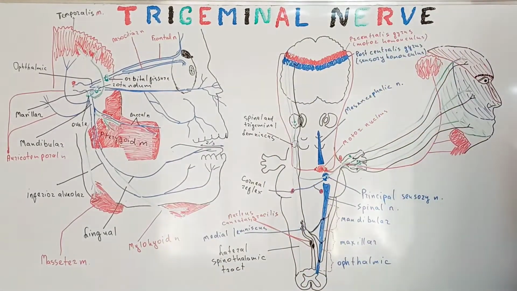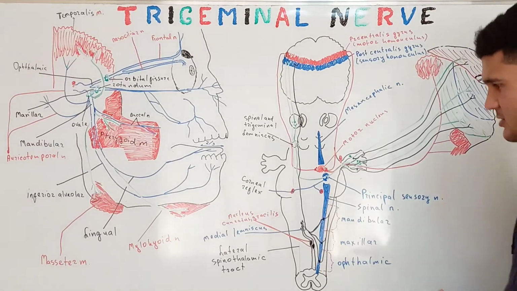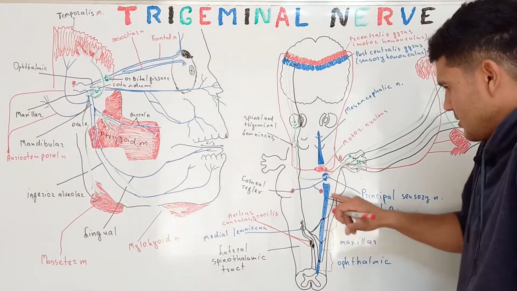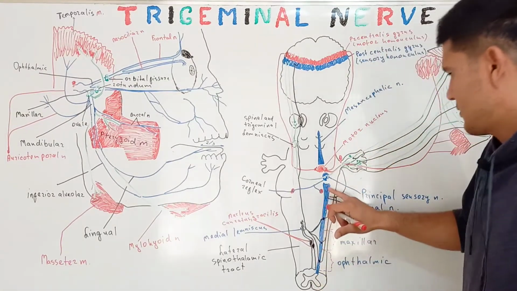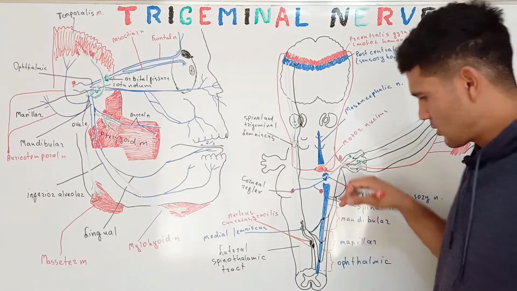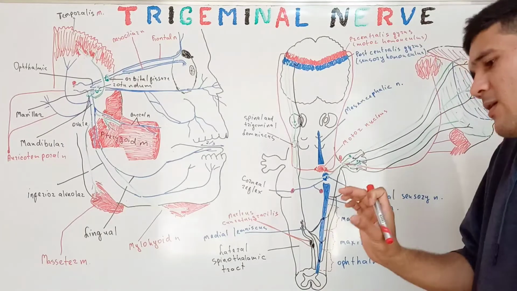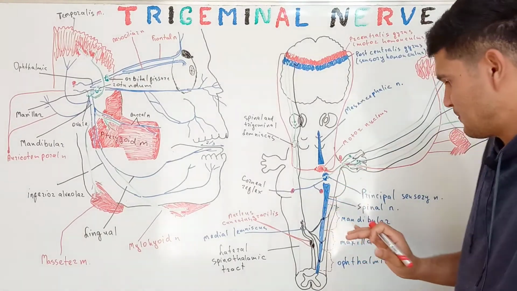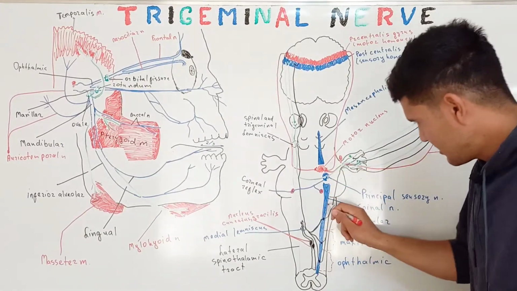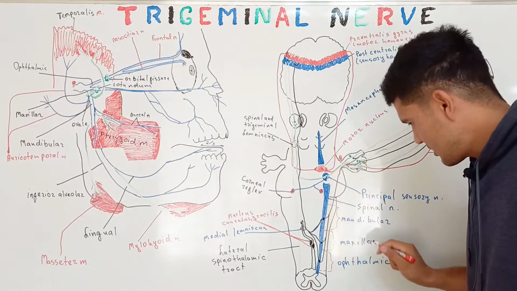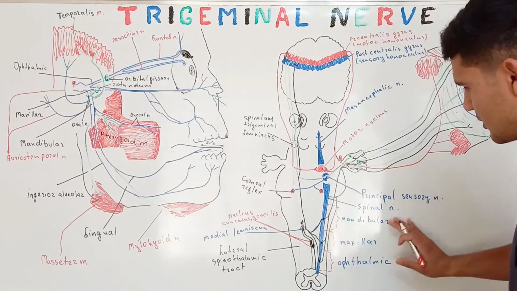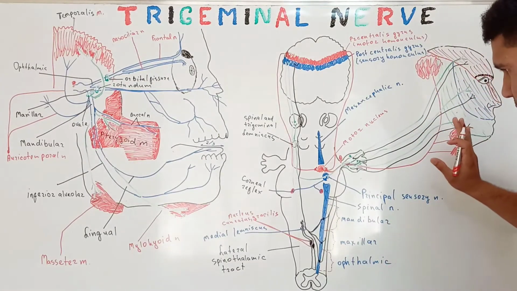The next sensory nucleus is the spinal nucleus. One of the main reasons for this name is that it continues down to the same level of the spinal cord, okay? And there are some loci that are responsible for special parts of the nervus trigeminus.